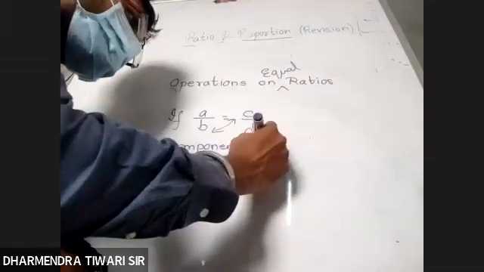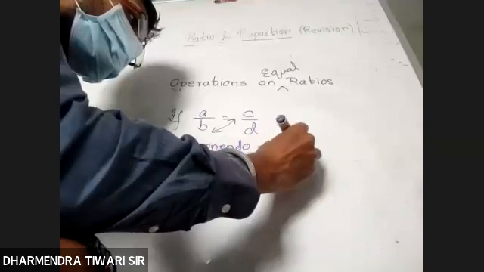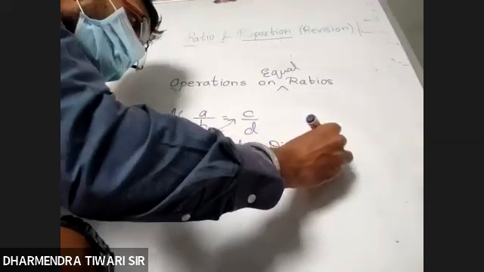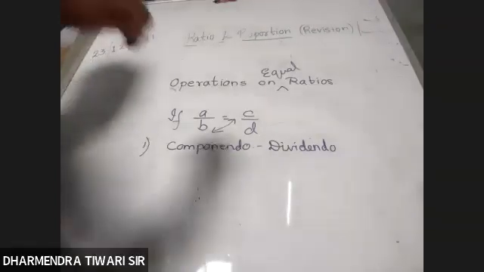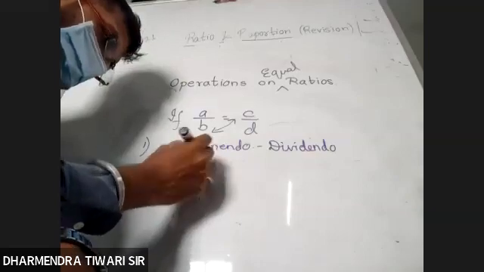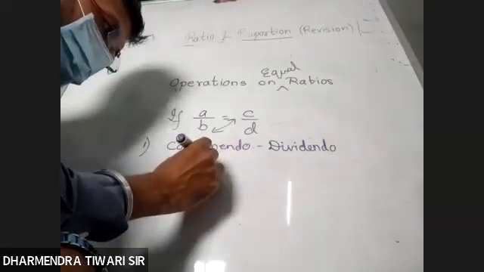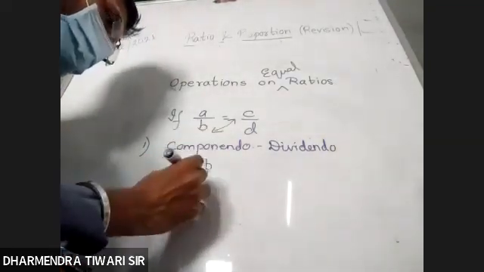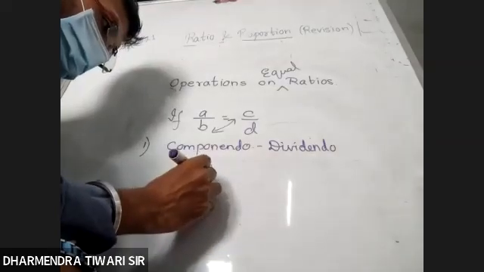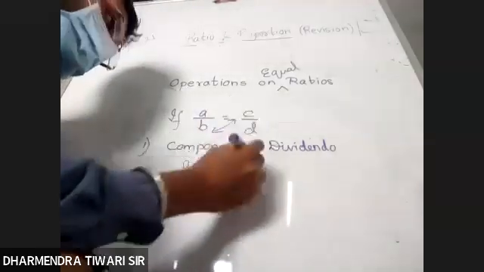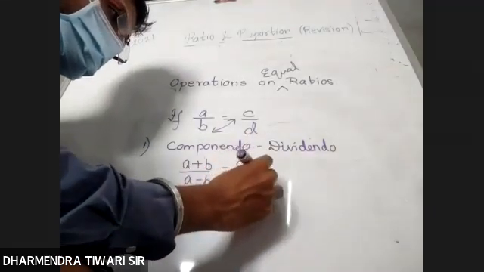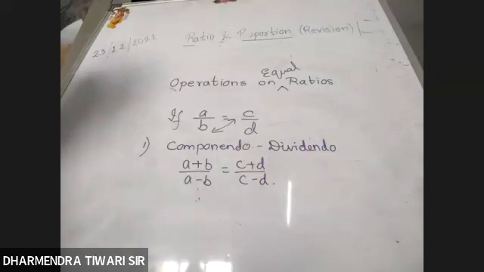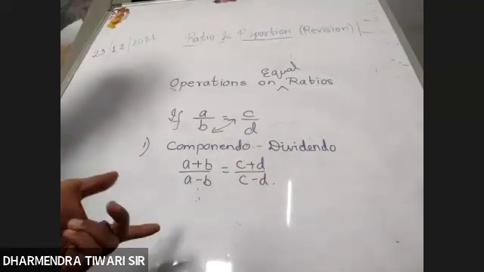So the next property is componendo dividendo together. Now componendo dividendo is like this: by componendo we have A plus B, and by dividendo we have A minus B. By componendo we have C plus D, and by dividendo we have C minus D. Things are the same.